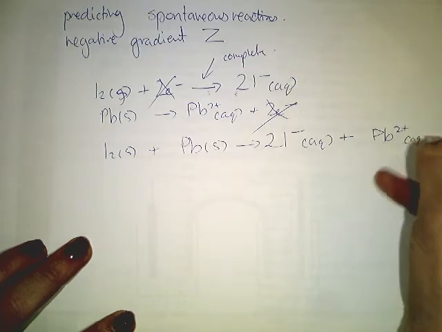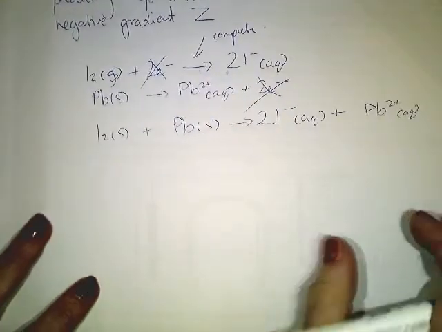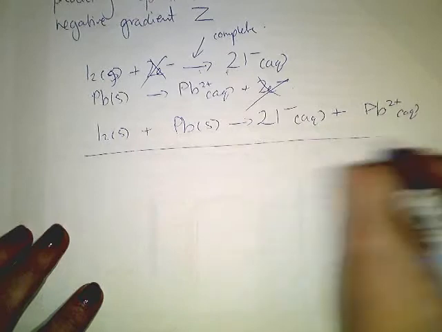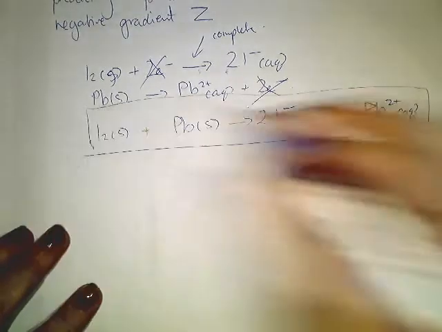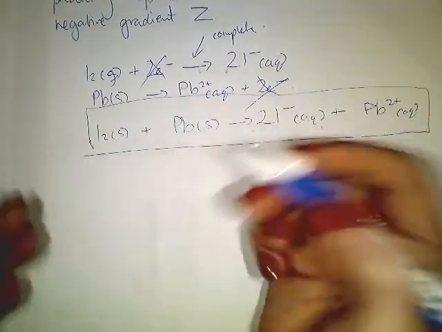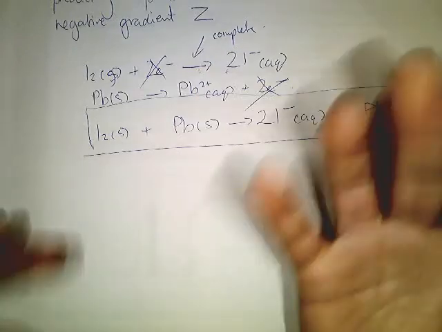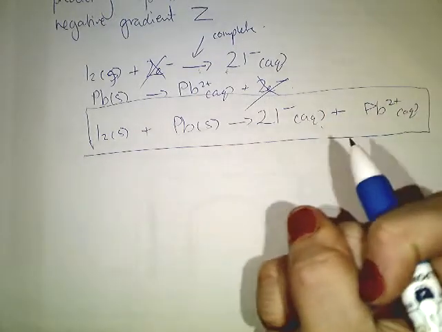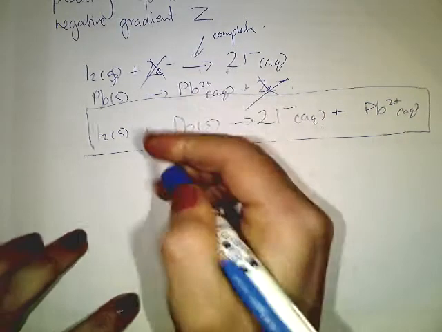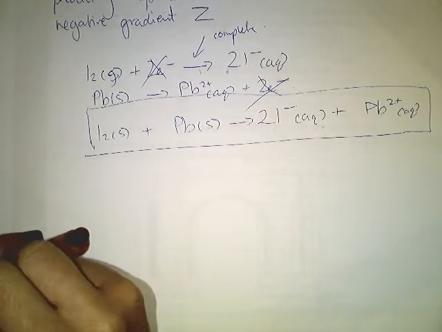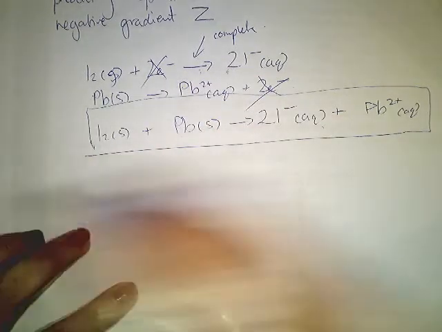Now let's talk about this type of reaction. The spontaneous reaction is likely to be exothermic and release heat, but we can harness this chemical energy and turn it into electrical energy. Now I'll show you how.